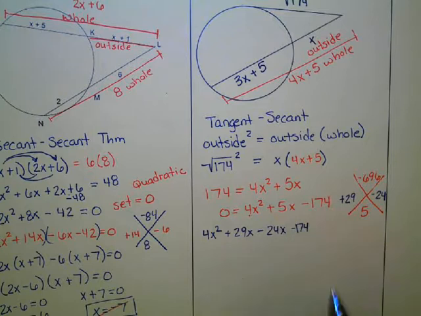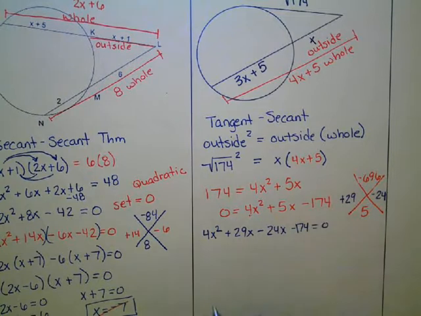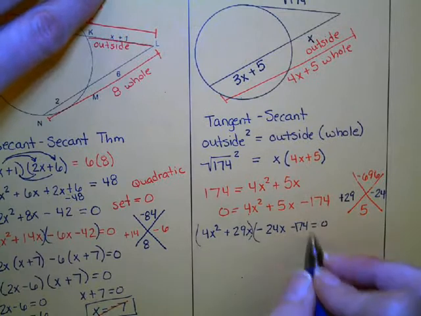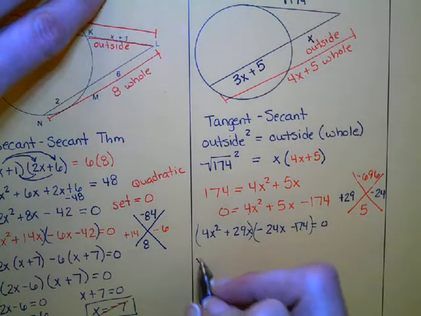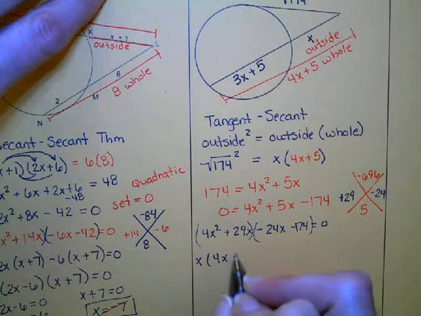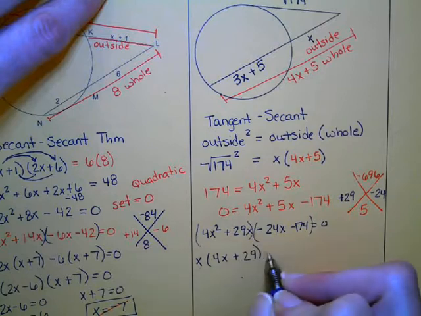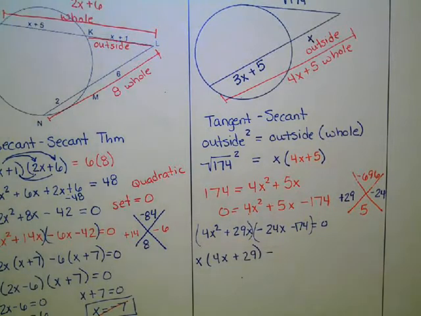And you group the first two, group the second two. Those only have an x in common. And what do these two have in common? 174, can it be divided by 24? Nope, that's a decimal. So let's think, what else goes into 24? 6 goes into 24.